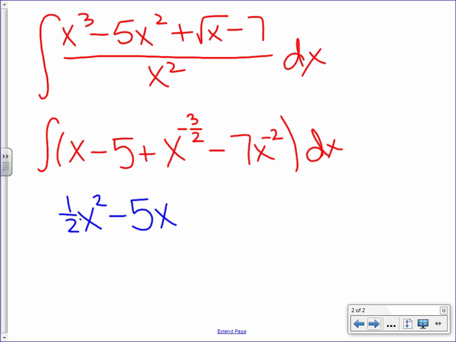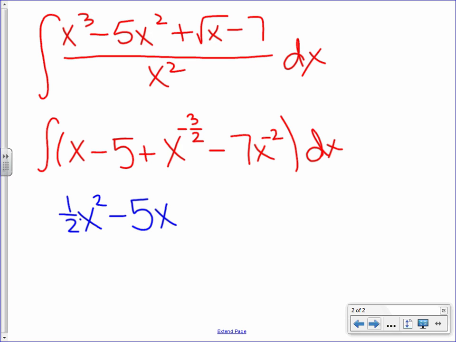It's just a different C. 4C is not the same as 1C, is what he is trying to say. But 4C and C are both constants, and we just want it to represent a constant. We don't know what the constant is. So since 4C is a constant, instead of writing 4C, we're just going to write plus C at the end, okay?